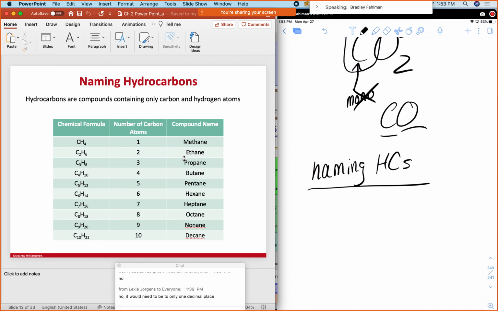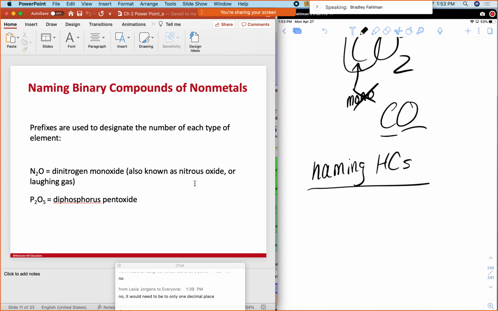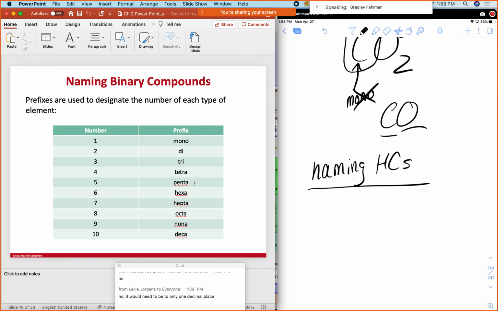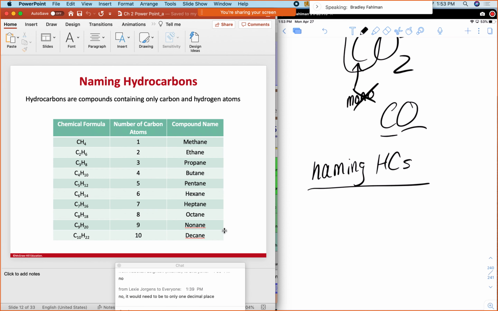Remember meth, eth, prop, and but. Beyond that, it's the same: penta, hexa, all these. The only ones you're going to be naming have an ANE ending on them, and they will all be like CxH2x+2.